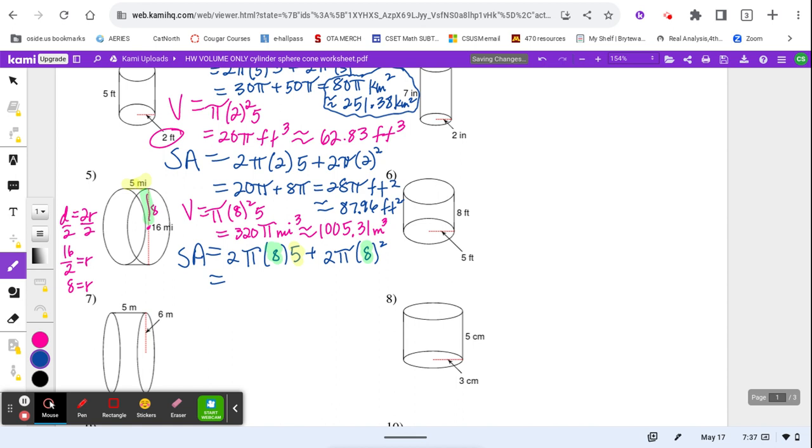So 8 times 5 is 40. 40 times 2 is 80 pi. 8 squared is 64. 64 times 2 is 128 pi. So we get 208 pi miles squared as our exact answer.